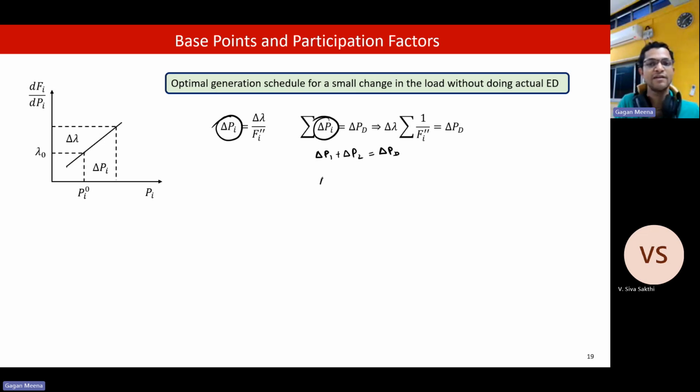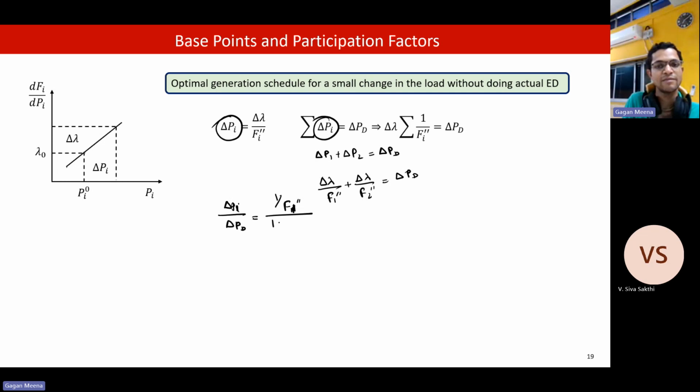And for each generator, we have delta lambda divided by F1 double dash plus delta lambda divided by F2 double dash, and this equals the change in demand. And if we take this ratio delta Pi by delta Pd, then it becomes 1 by Fi double dash. Or if it is P1, then it will become F1, and here it will be 1 by F1 double dash plus 1 by F2 double dash sum.